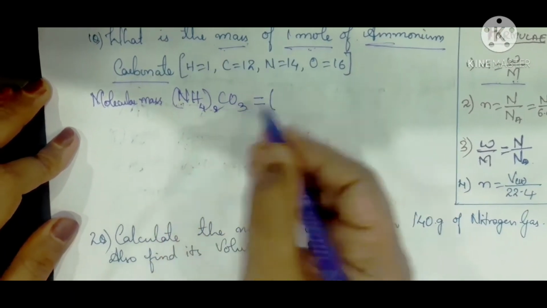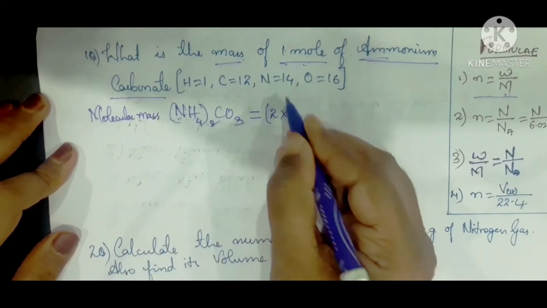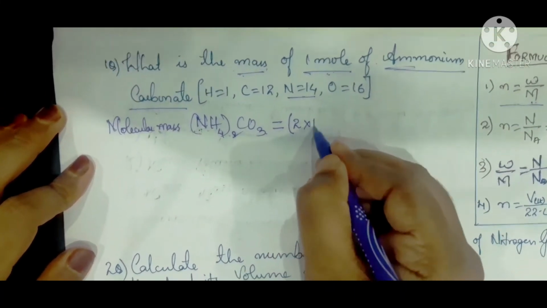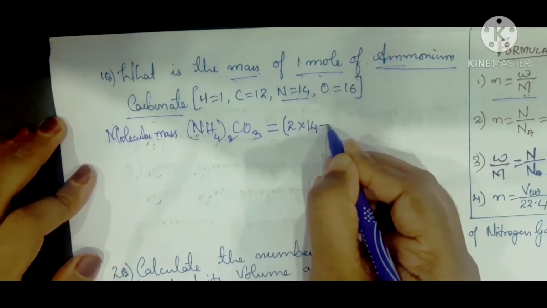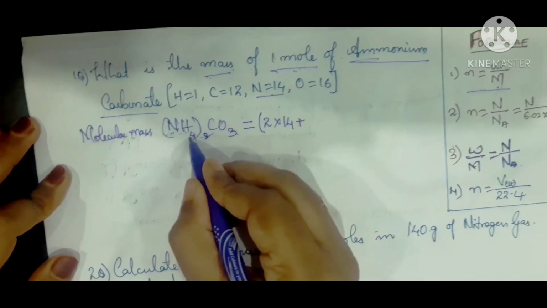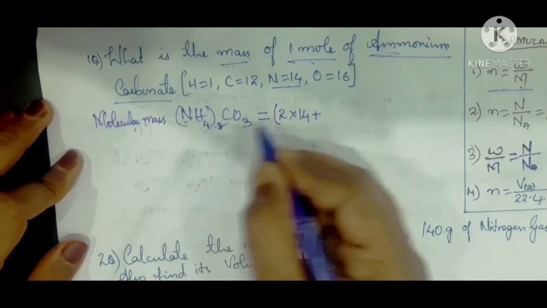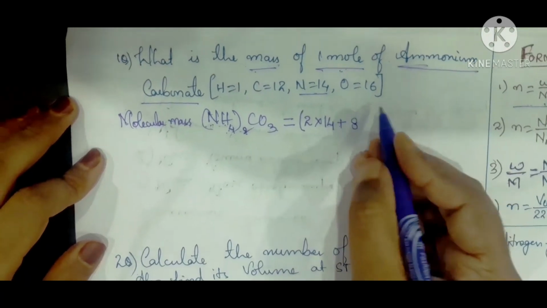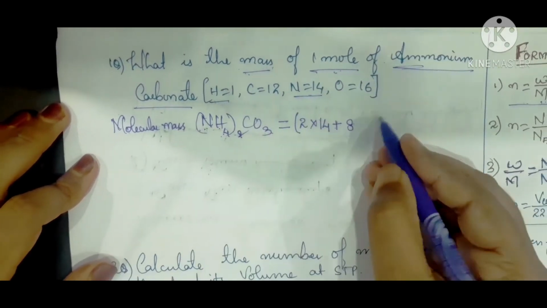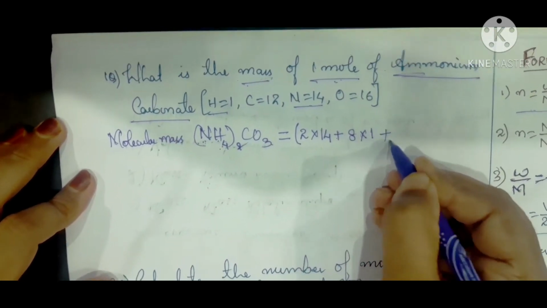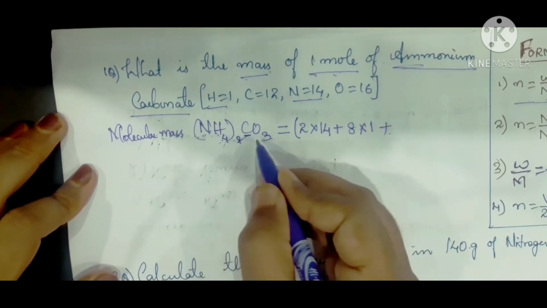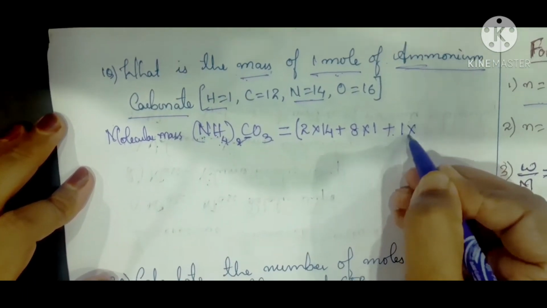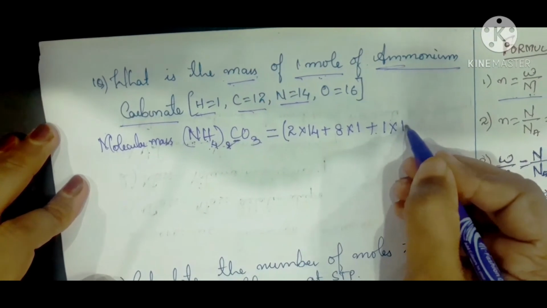We have 2 nitrogen atoms and the atomic mass is 14. In the same way, number of hydrogen atoms is 8, and the atomic mass of hydrogen is 1. Number of carbon atoms is 1 and atomic mass is 12.